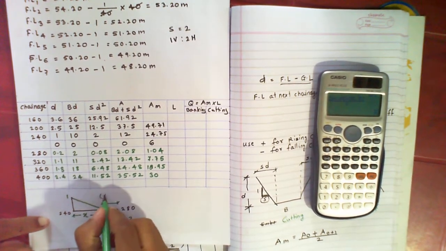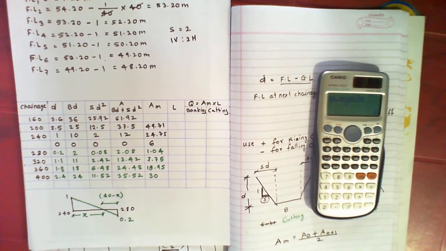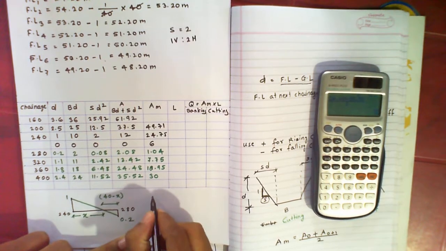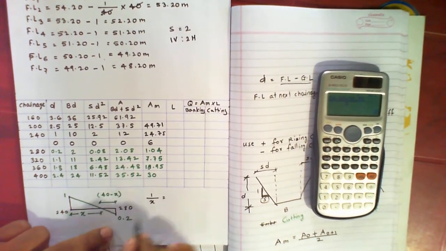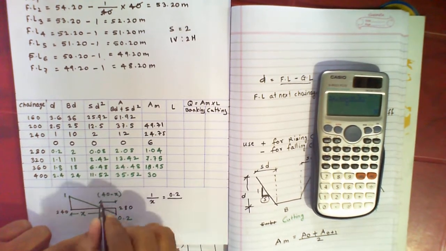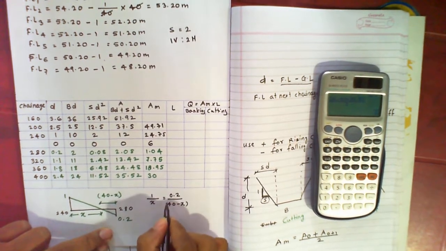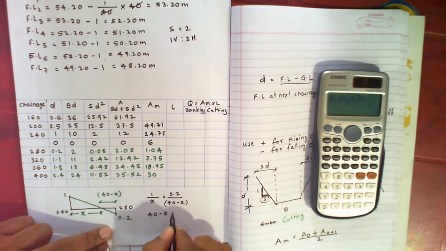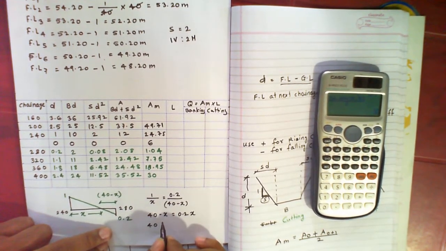Chainage difference is 40, so it is 40 minus x. So now calculating this x using similar triangle rule, height upon base. So 1 upon x is equal to 0.2 divided by this base for this triangle, 40 minus x.